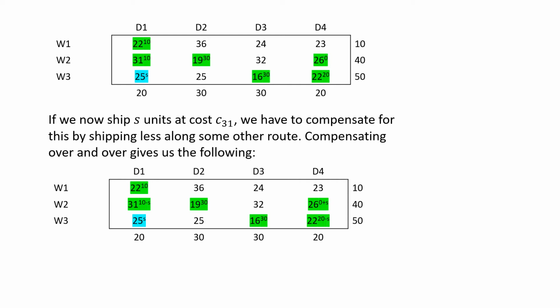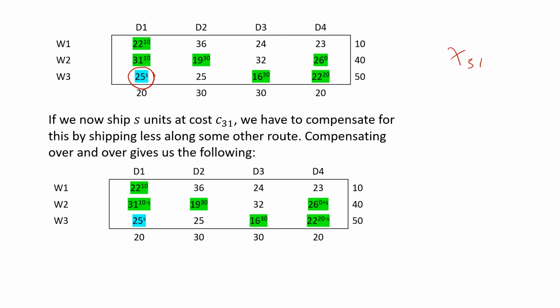If I pick this number down here, the green highlighted things are the things that are in my current basis. Let's say that I pick this variable, which is x31, and I say, okay, this is a non-basic variable. I want to put this into my basis. Now something has to come out of my basis.